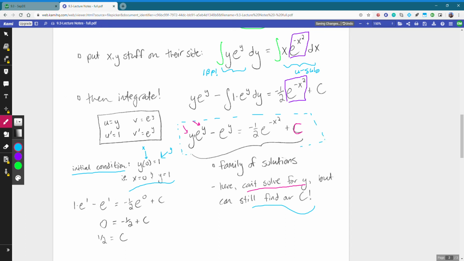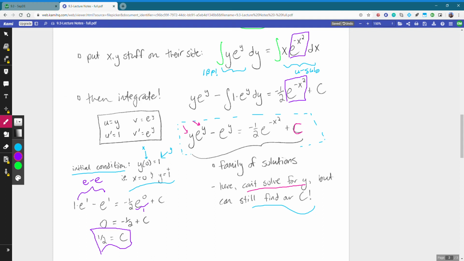So if we plug in 1 for y, get this on the left-hand side, and for x, plug in 0. Things boil down nicely. And on the left, we just have e minus e, which is 0. And on the right, e to the 0 is 1. And so we're just getting minus 1/2. Add that over. We found what c makes that happen, solves our initial value problem.